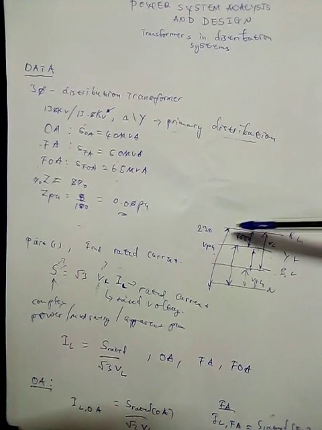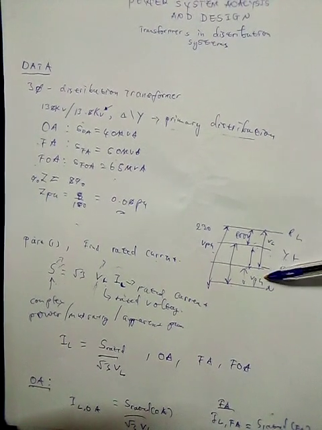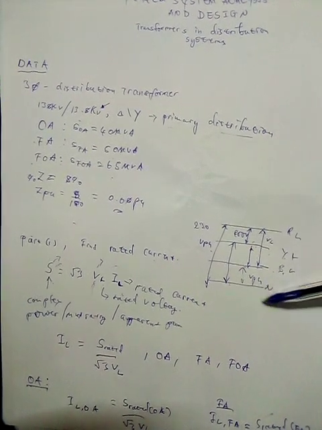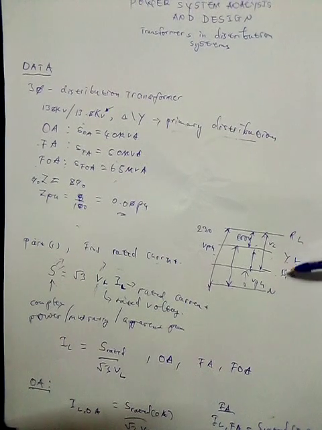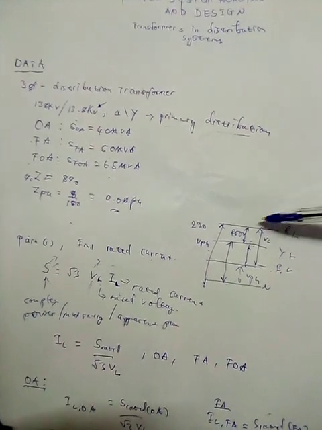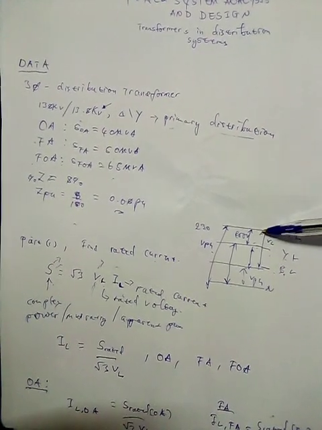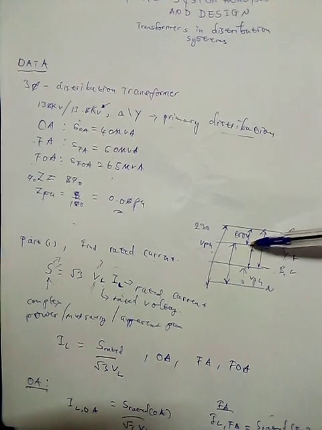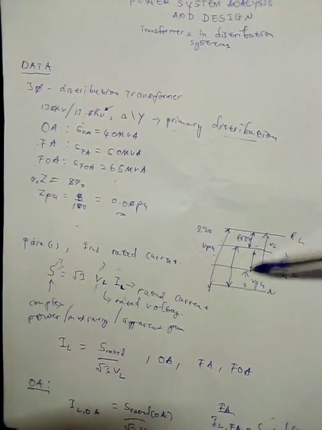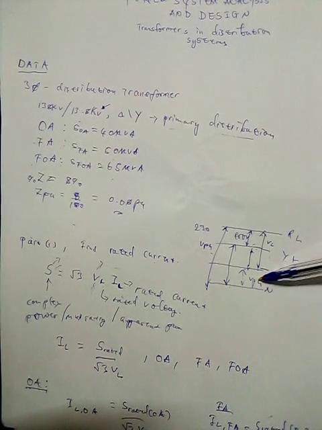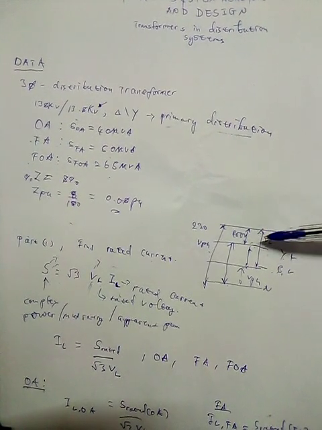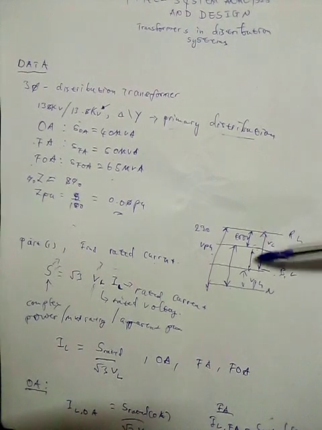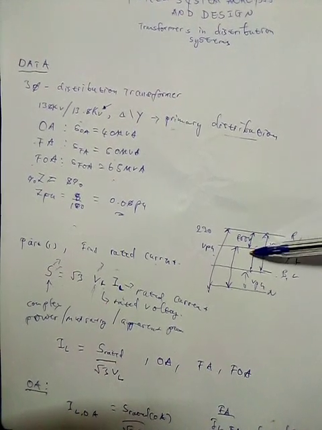So as you can see, you have a three-phase, 4-wire type of arrangement, and you have your red line, your yellow line, and your blue line, and the VL is the voltage between this line and this line: red and blue, yellow and blue, and red and yellow.